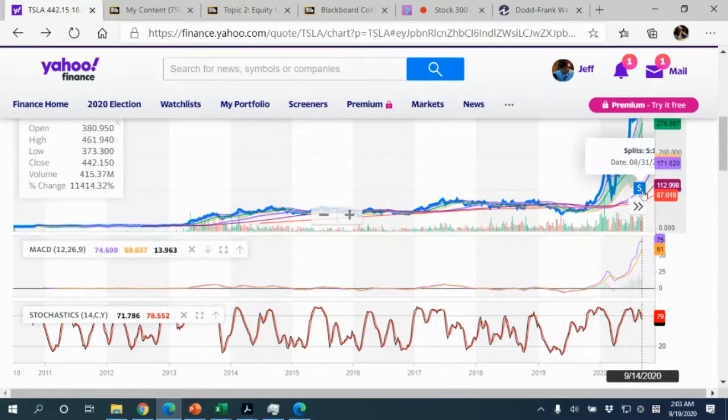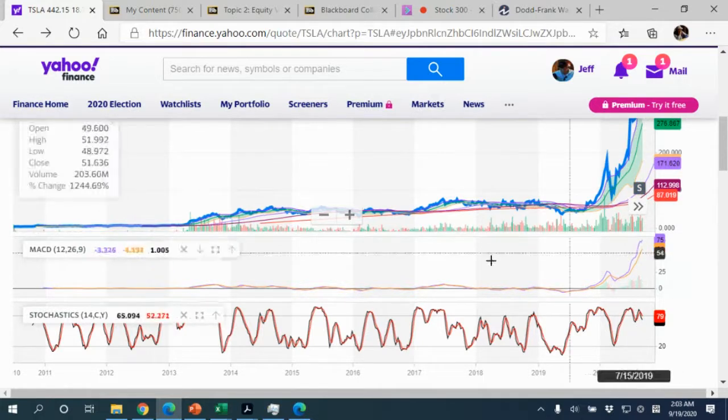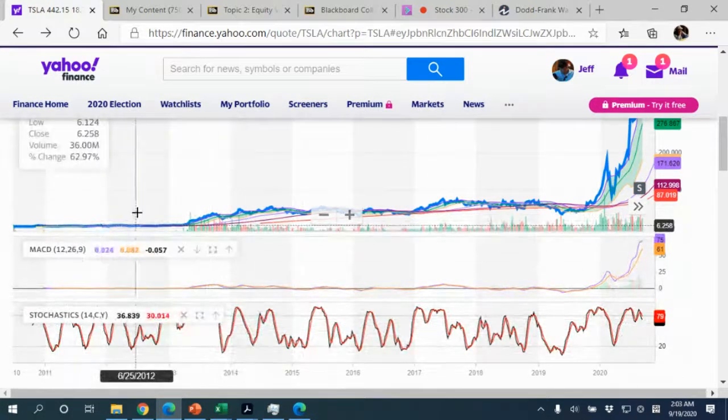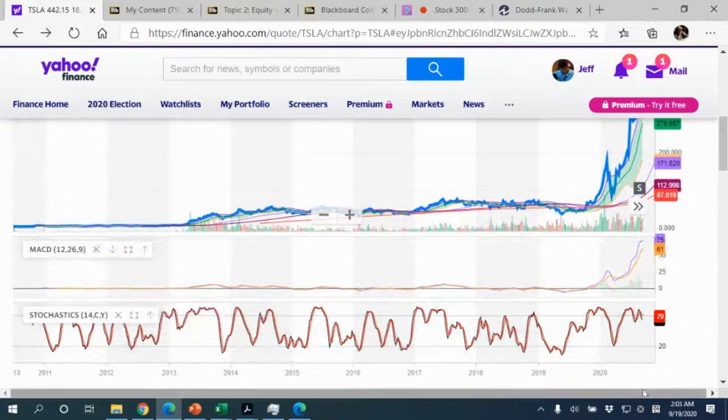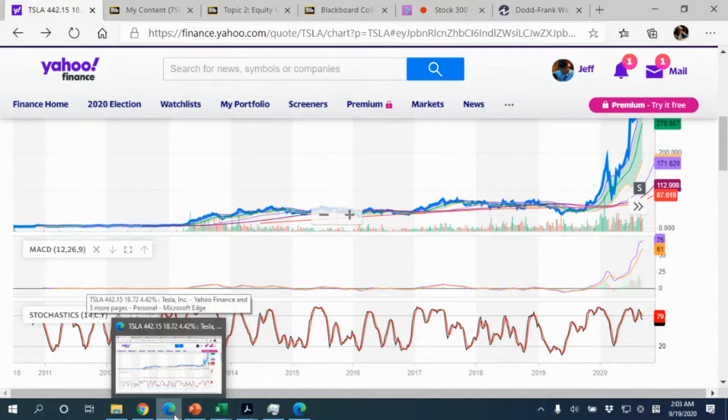They had the first split here. But even in these days, their P/E ratio was like 200. That was crazy, right?